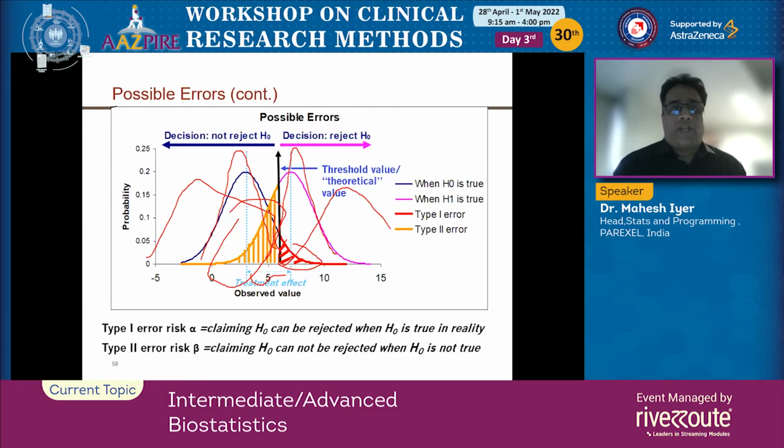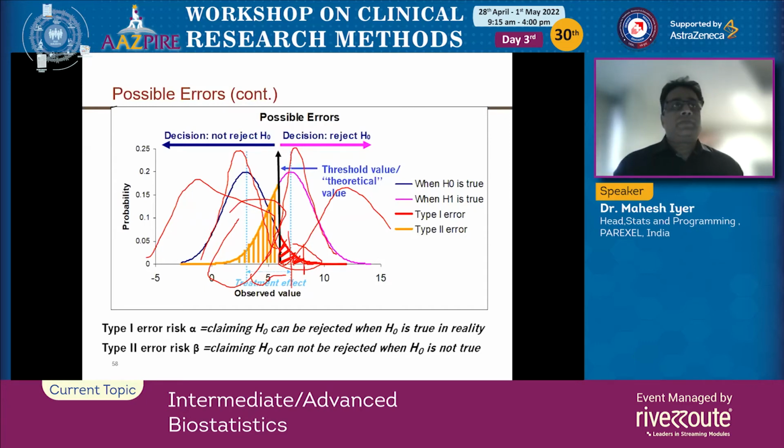So for example, if your observed value is here, this line, then your p-value is all this area to the right of this line. If your observed value is here, then your p-value is all of this area to the right of this line.